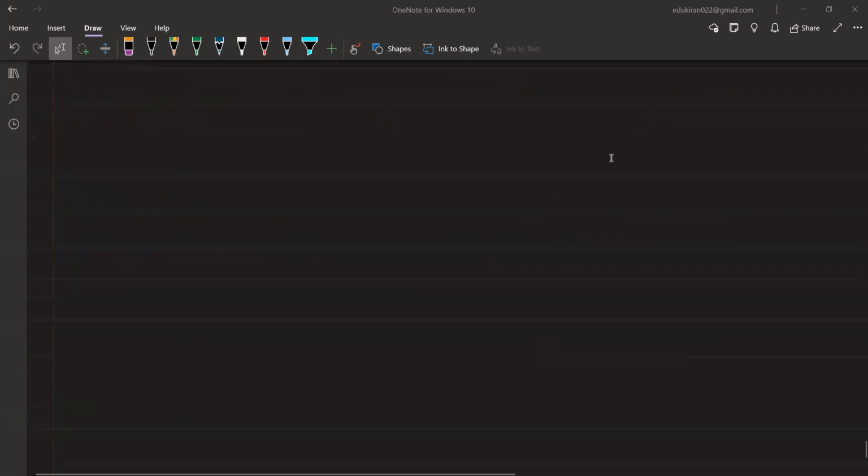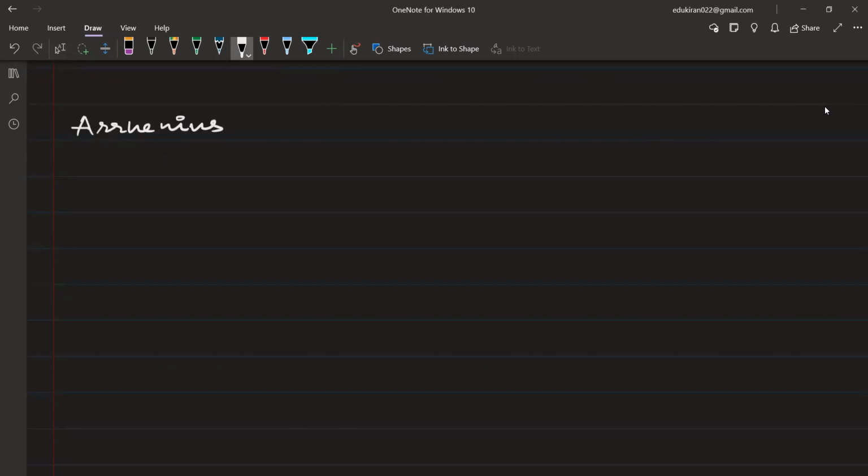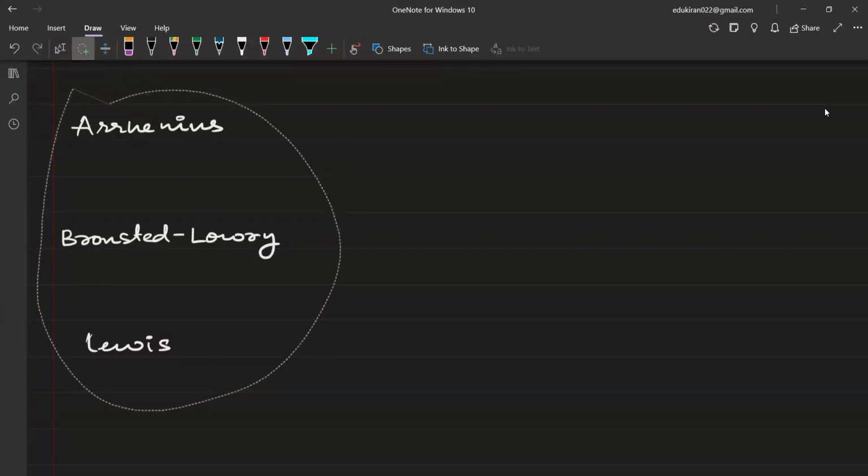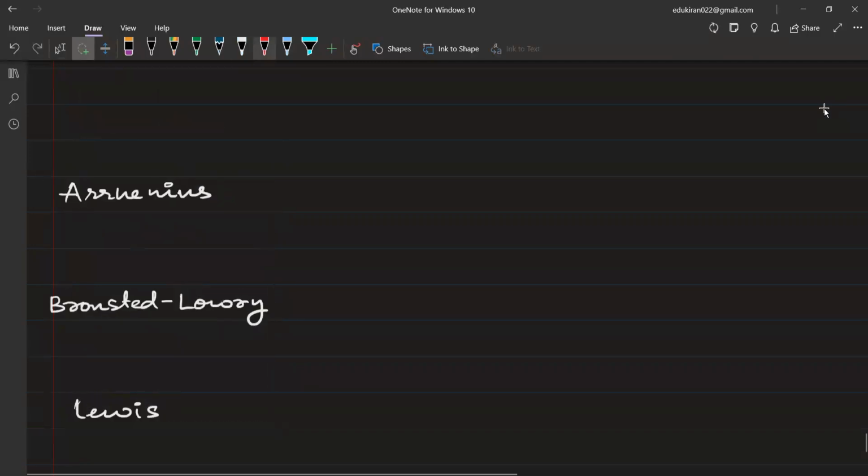Now let's conclude this a little, okay? We have learnt about acids and bases, and we have studied 3 concepts. We were talking about acids and bases, and we talked about the Arrhenius concept. We talked about Bronsted-Lowry. And we also talked about the Lewis acid-base concepts. Acids and bases.